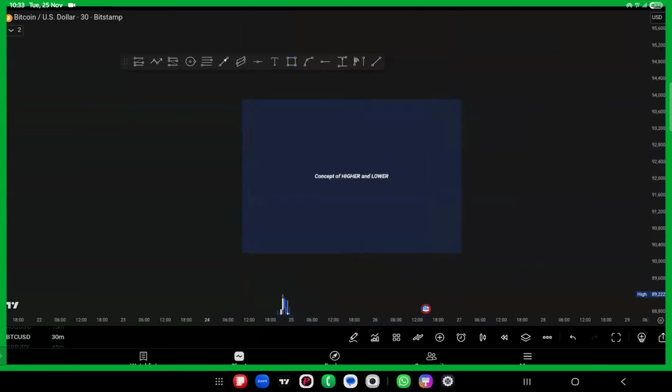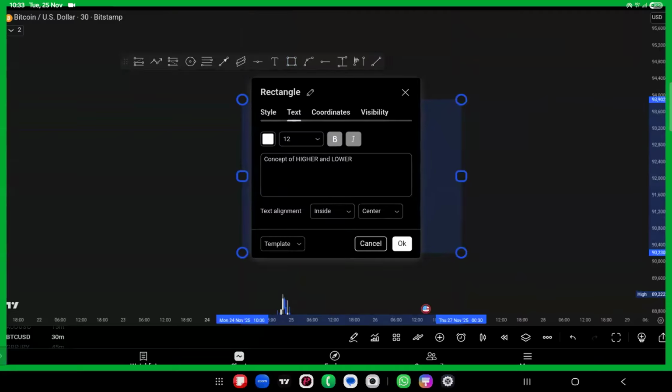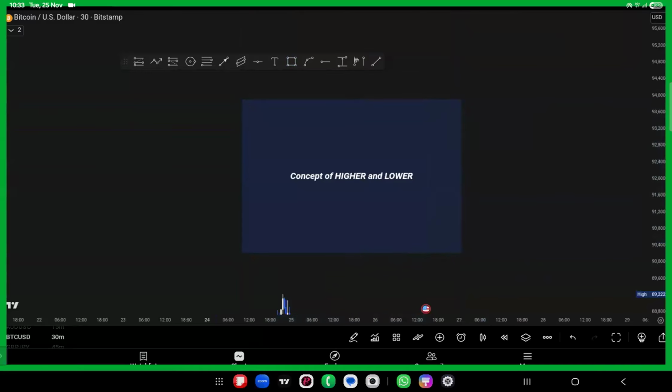Now, what do we use this concept of higher and lower for? We use this concept in differentiating two structures. Remember, we now have our two basic structural levels in the market, which are our highs and lows. So how do we differentiate two highs and how do we differentiate two lows?